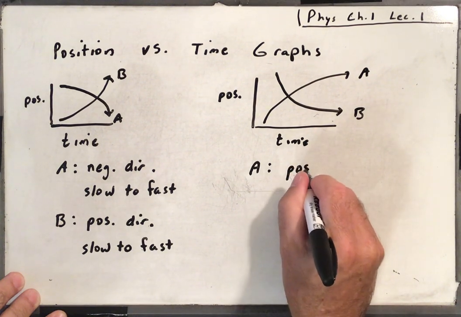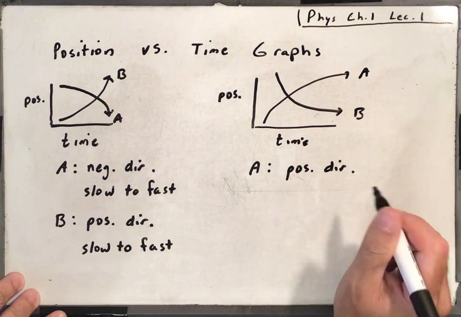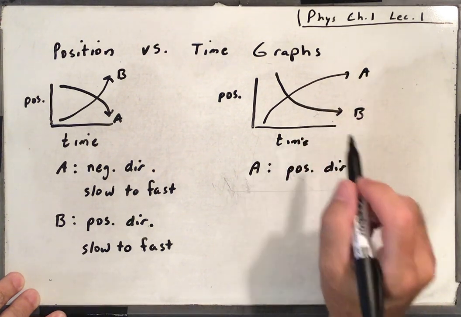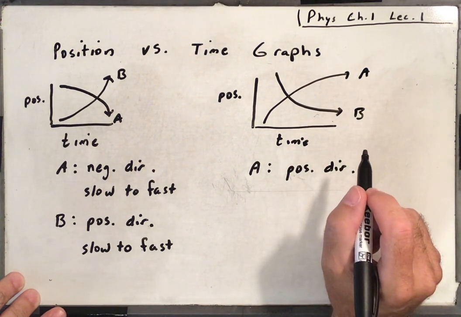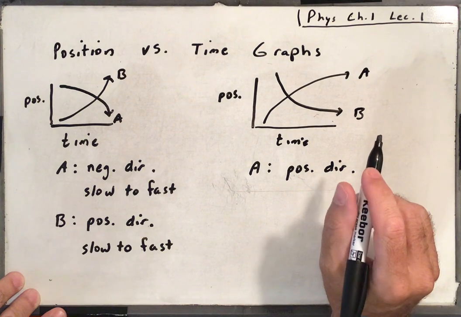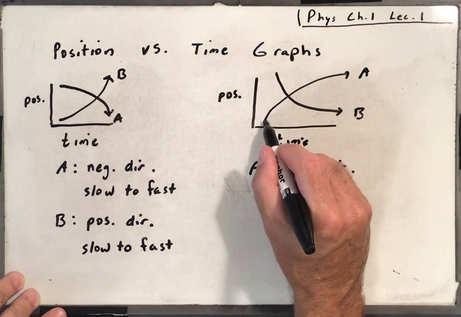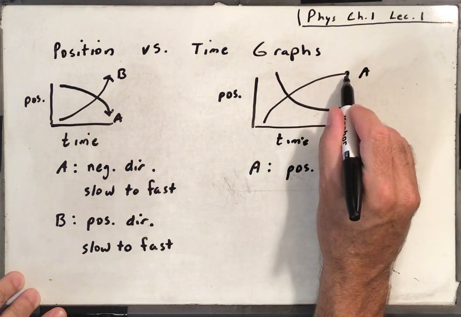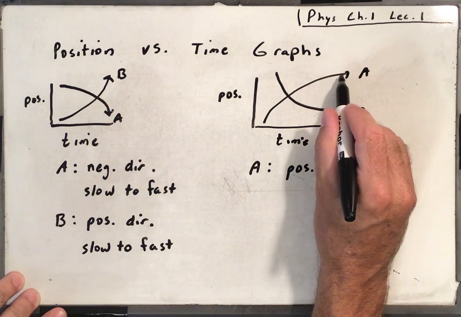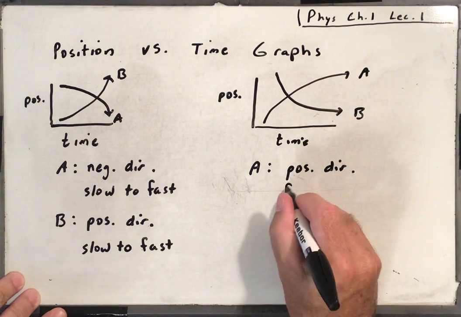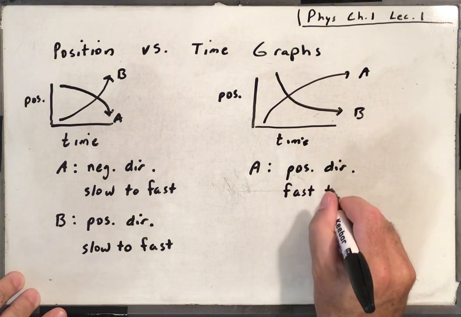All right, it's positive direction. Now, what do you think? Is it going fast to slow or slow to fast? All right, it's going fast because it's a steep slope, and over time the slope gets shallower. So it's going fast to slow.